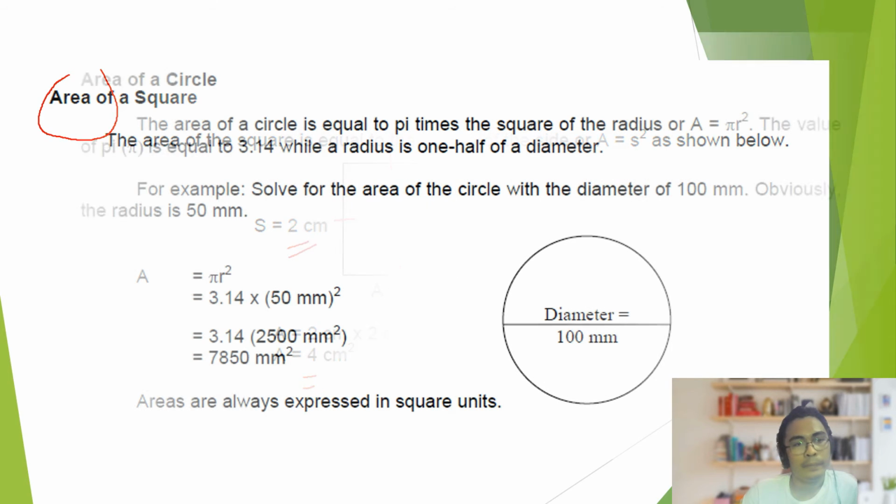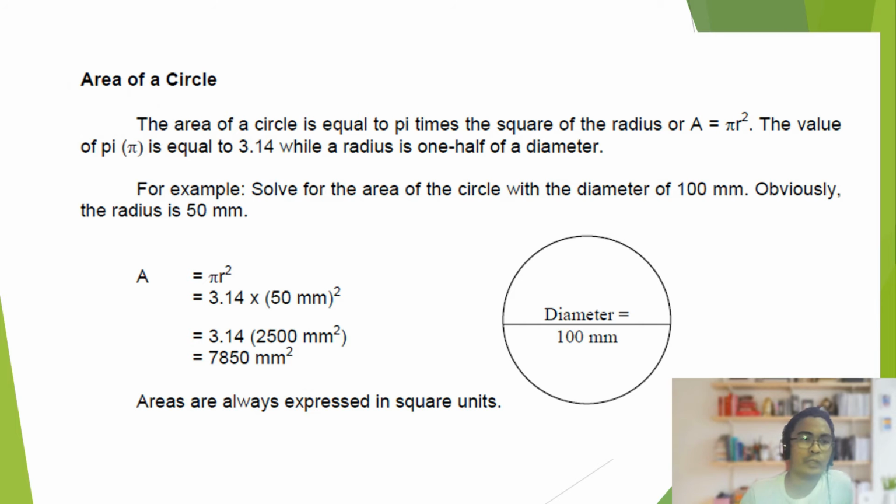Now, the area of this circle. I know some of you are already familiarized with this concept back in your elementary, but we need to somewhat revisit this concept, because these are essential concepts.